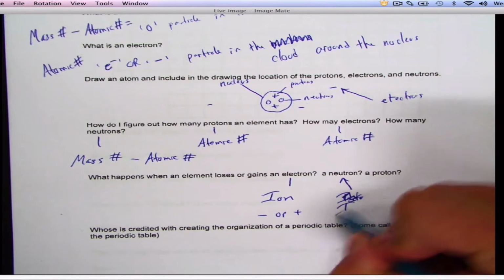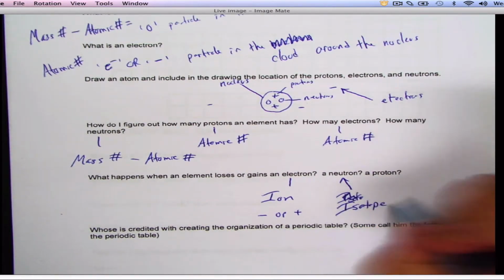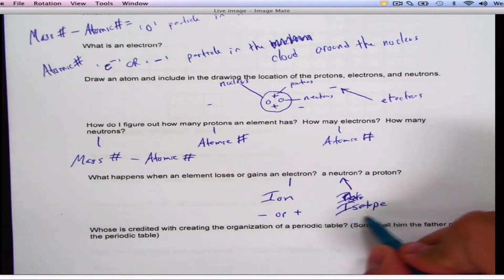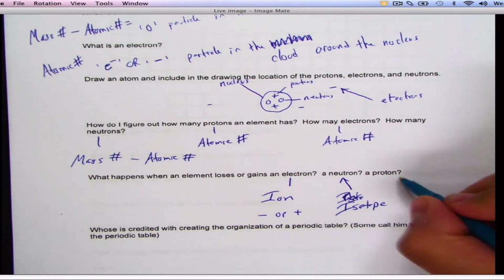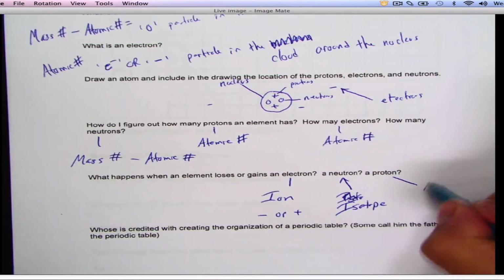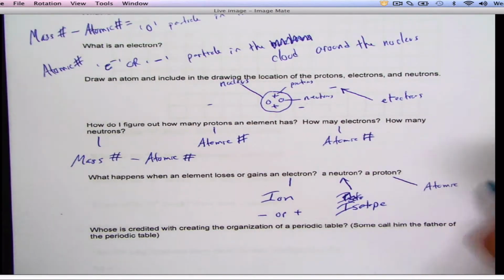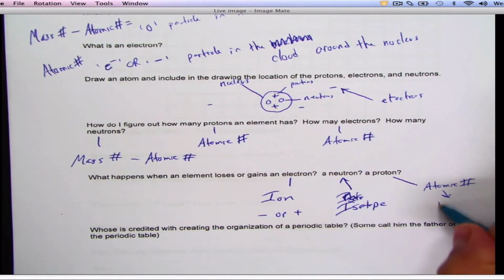Way to go. Isotope. Okay, that's when you lose or gain neutrons. So that means the mass number is going to change. Whereas a proton, if you change this, well, you change the atomic number, which means you get a new element.